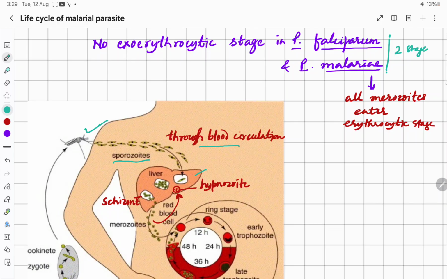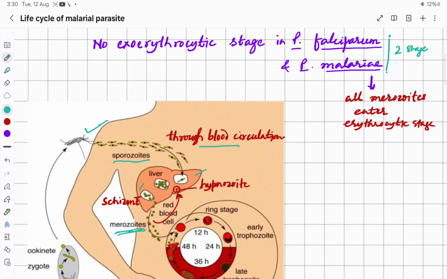In the liver the sporozoites are converted to cryptozoites, merozoites, and ultimately the schizont is formed, and the schizont, when it bursts, releases these cryptomerozoites. Commonly we shall call them the merozoites.